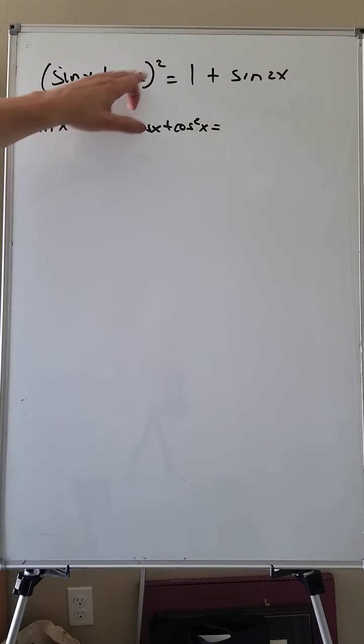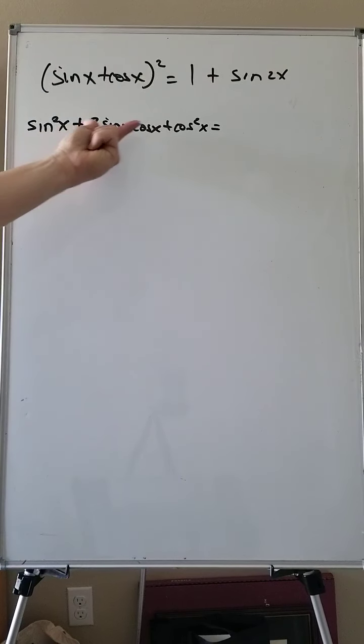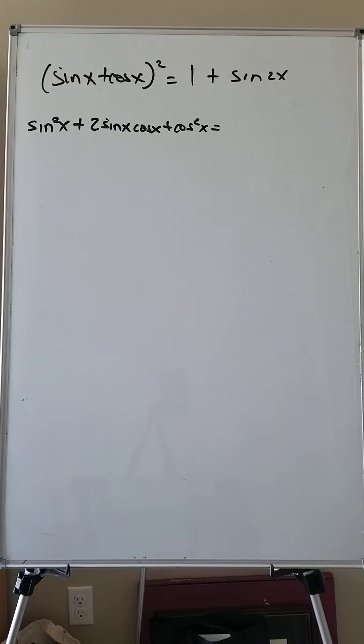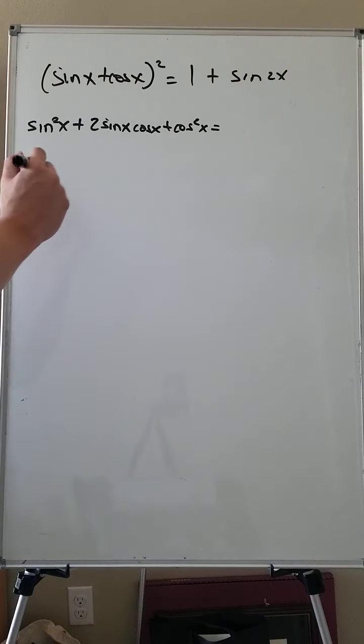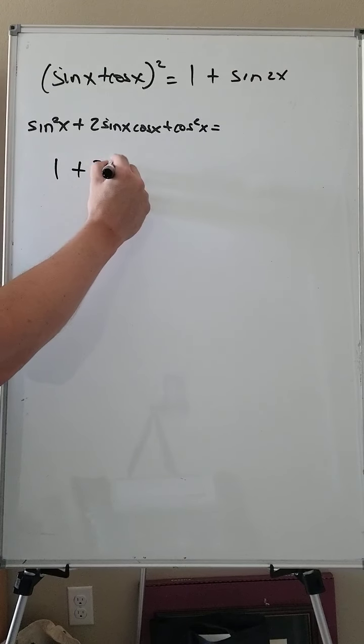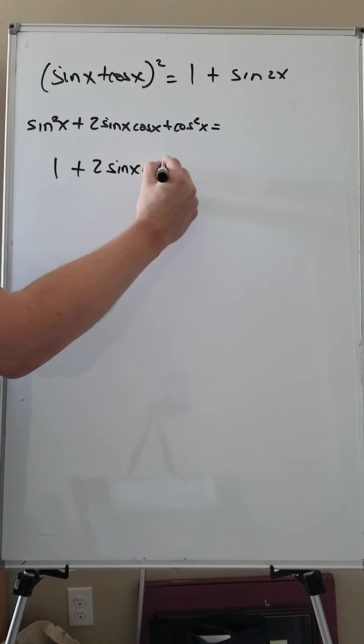If I have a plus b squared, it's a squared plus 2ab plus b squared. And from here, well, I have sine squared x plus cosine squared x. At this point, if you've been doing all these identities, you should recognize that that's just equal to 1. So now I have 1 plus 2 sine x cosine x.